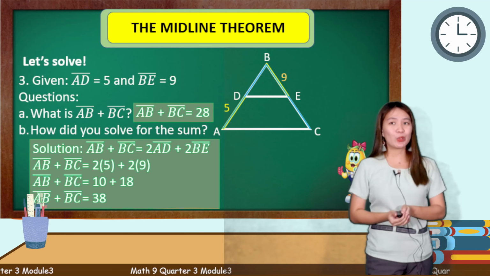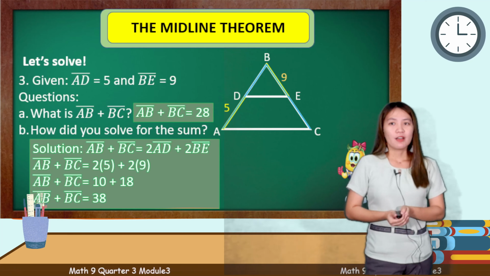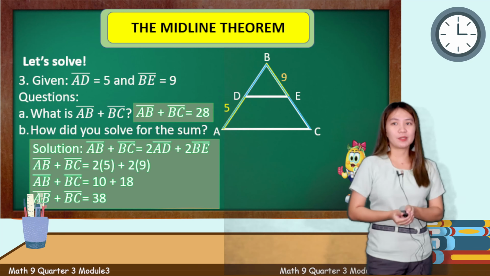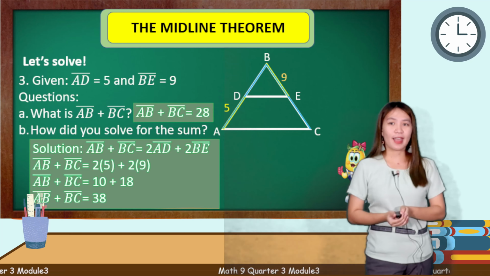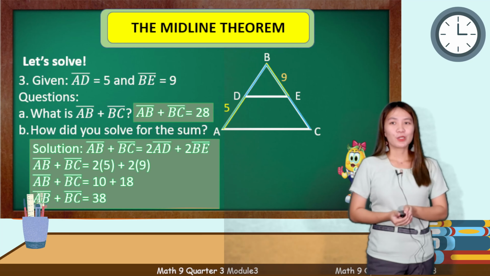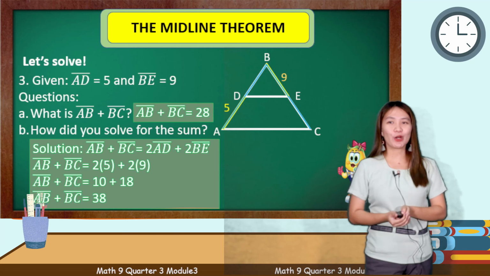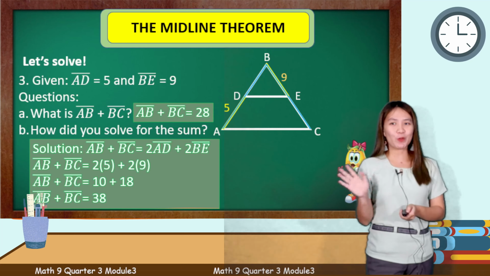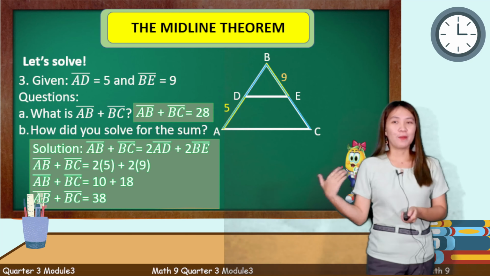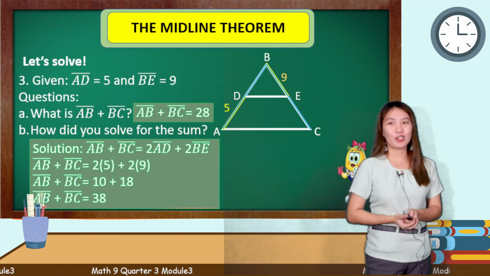And by substitution, 2 times 5 plus 2 times 9. And that gives us 10 plus 18. So the sum there is 28. So sorry for the technical difficulties. Don't mind the answer below. That should be 28 and not 38.